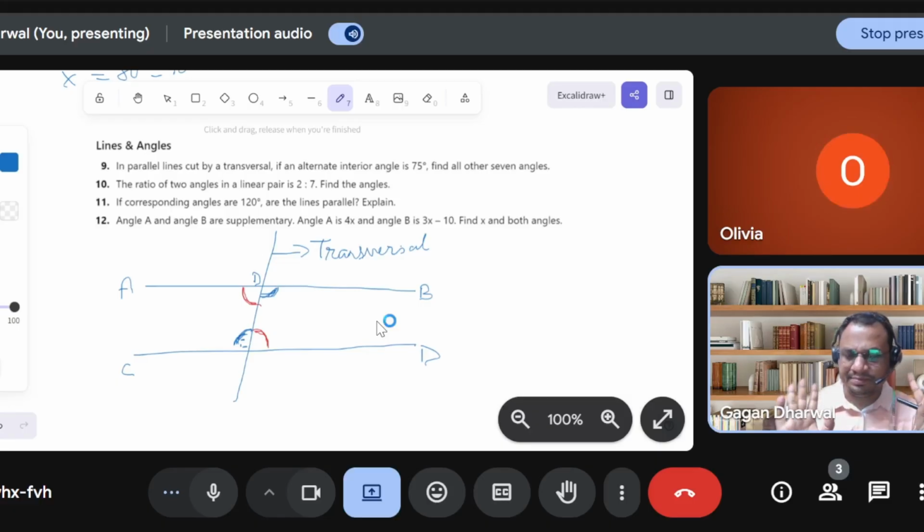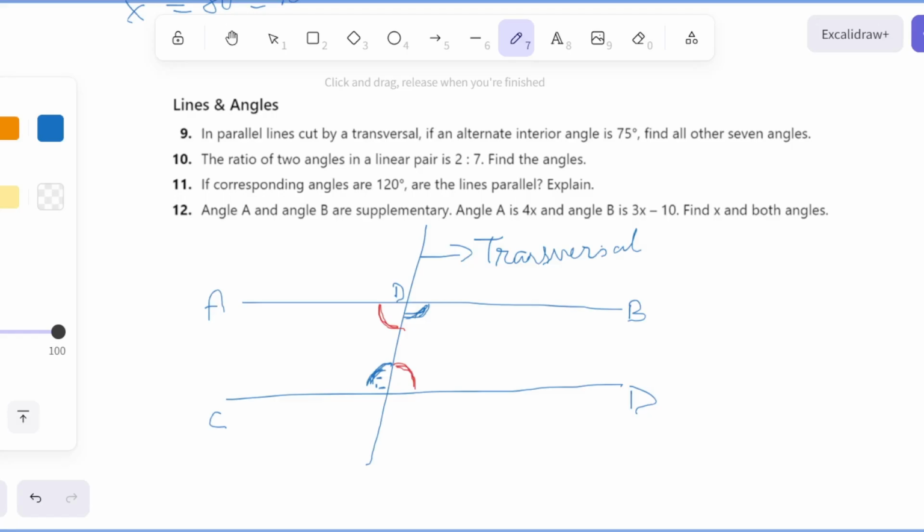Inside the parallel lines and not on the same side. Two things. If I give a number to them, 1, 2, 3, 4, then you can say 1 and 4 and 2 and 3 are alternate interior angles. You can write it down. 1, 4, 2, 3.